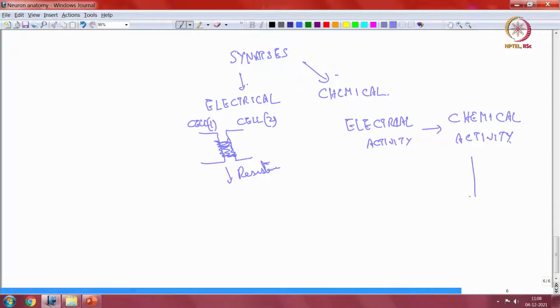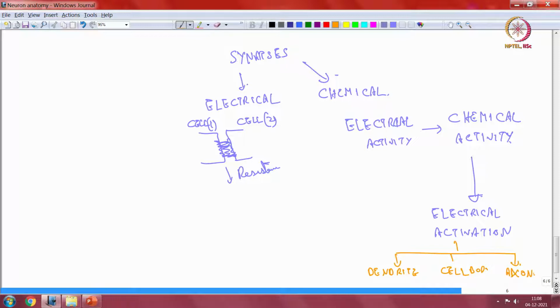And chemical activity in turn generates electrical activation. Electrical activation, again please do remember, like what I told, it can be at other dendrites, cell body, or even maybe on the axon. So, that's how things work within synapses.